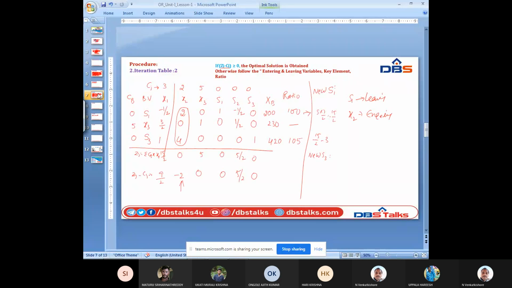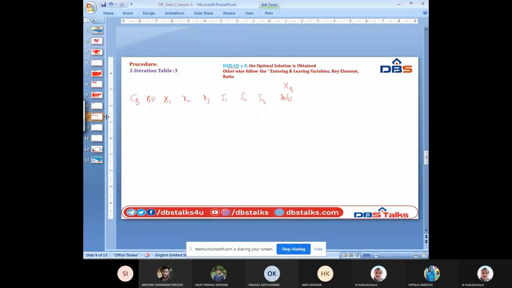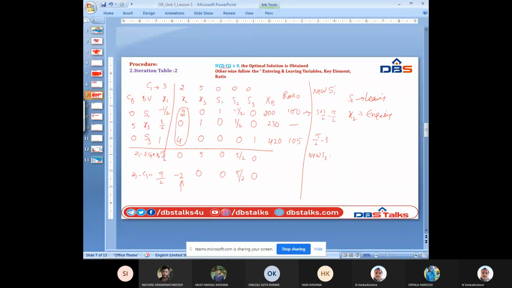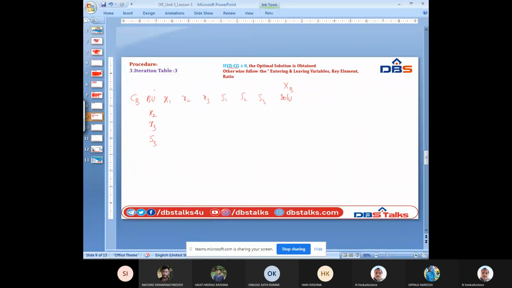Newly basic variable as s1 is leaving, x2 is entering, x2 previously x3 and s3. So here only the replacement, s1 is replaced with x2. So x2, x3, s3. Then coefficients 3, Cj value 2 and 5 0 0. So the coefficient of x2 is 2, coefficient of x3 is 5.